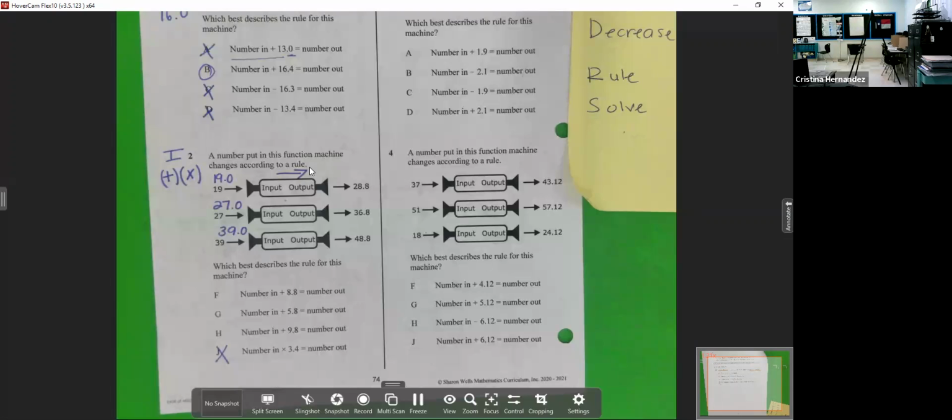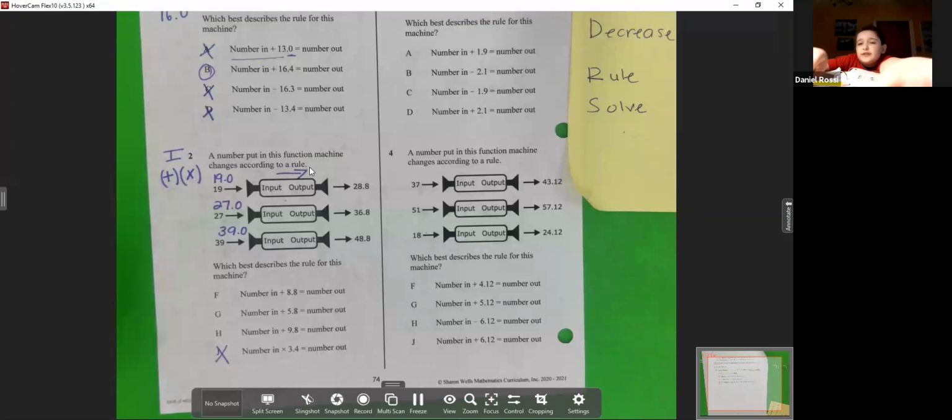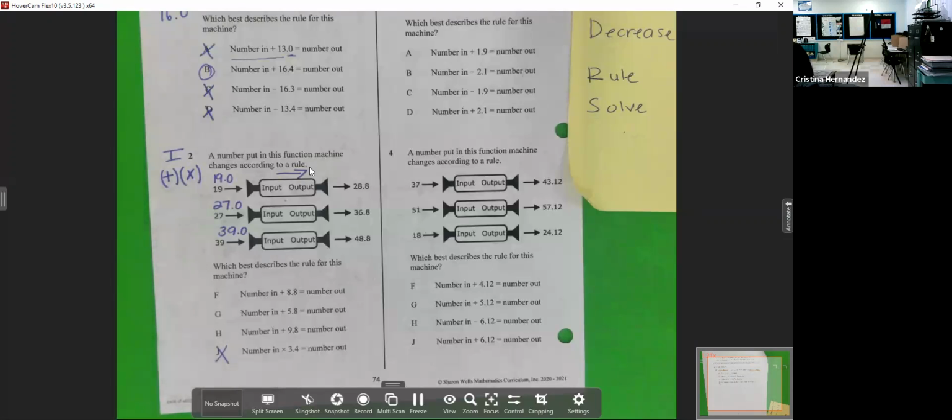If you want to send me your answer in the chat, you're free to. 30 seconds for number 2. Giving everybody some time to figure these out.